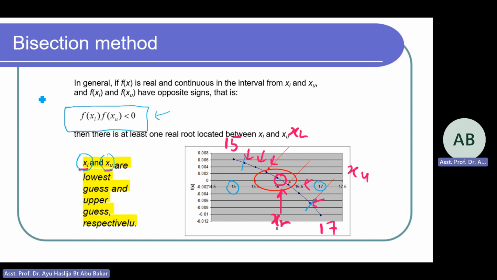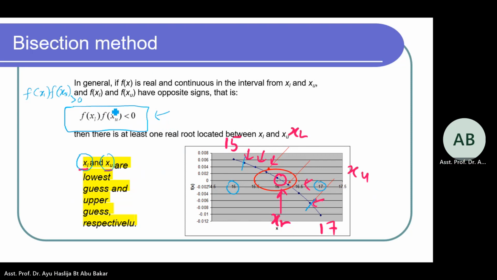Let's say you try to find your XL and XU, and your FXL multiplied by FXU is more than 0. So it doesn't meet the requirement. You must check your calculation. Okay, first thing, it must meet this requirement: FXL multiplied by FXU below 0. That means negative value.